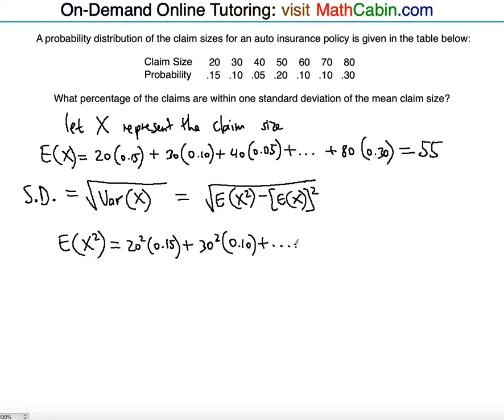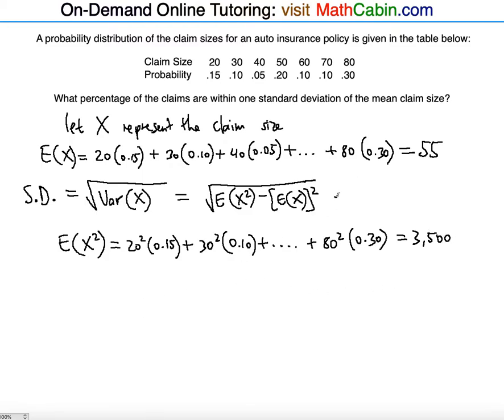And etc., until we get to the last one. And remember, all of these will be squared when they're multiplied to the probability. That's what essentially X squared means. The random variable is squared, right? So it's going to be 80 squared times its probability, right? So when you get that, you should get 3,500.